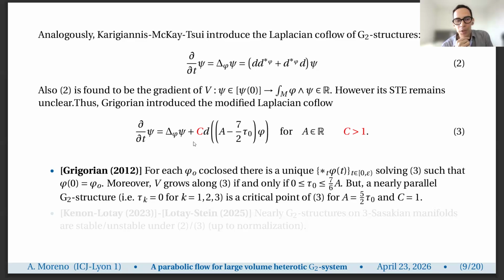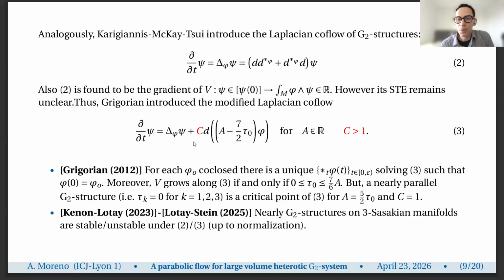So in some sense, the modified Laplacian coflow maybe is not good if you want to find torsion-free G2 structures. But also, now you have these new critical points, which are the nearly G2 structures.